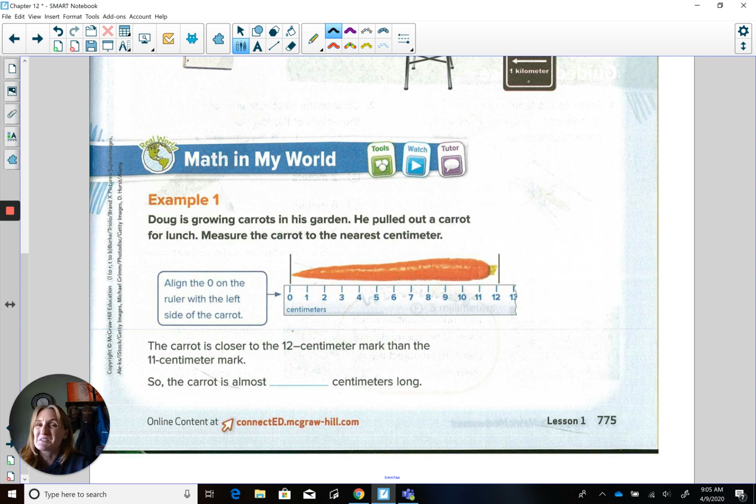Every ruler is a little bit different. Then the carrot is all the way past 12, just a little bit past 12. So the carrot is closer to 12 centimeters, not 11 centimeters. So let's see if I have it right. I do. It is almost 12 centimeters long. Okay.